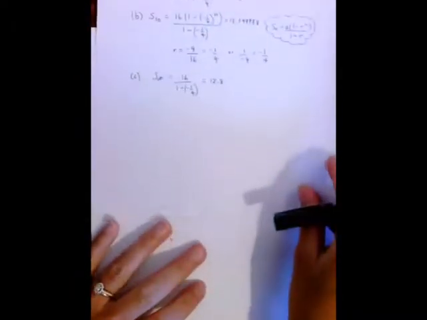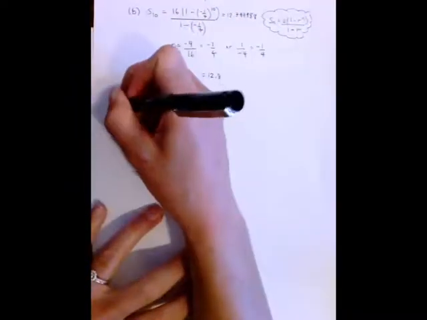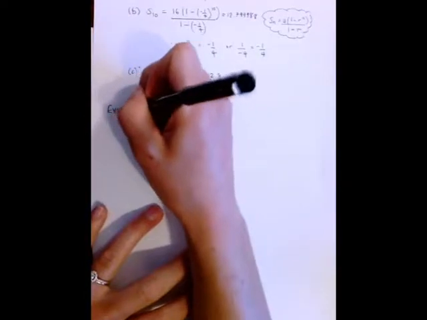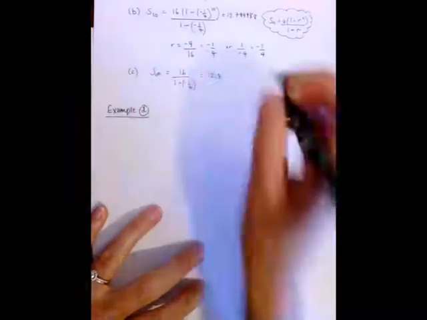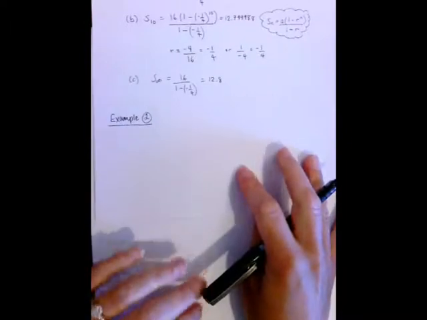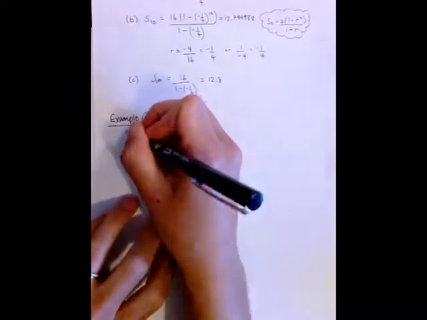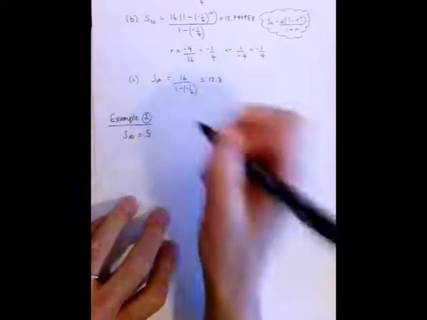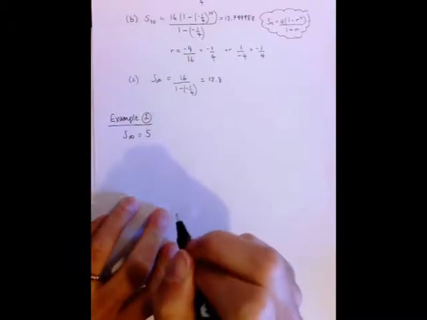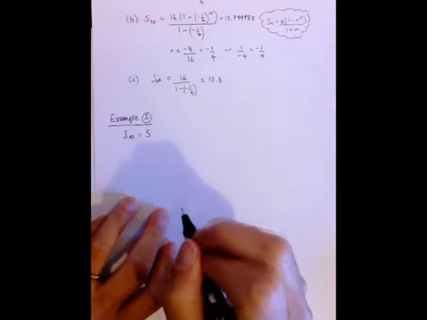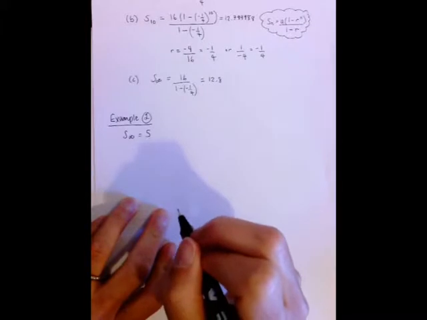Okay, example 2. For this one, we are told that we know the sum to infinity is 5. And we also know that the second term in the sequence is -6 over 5.